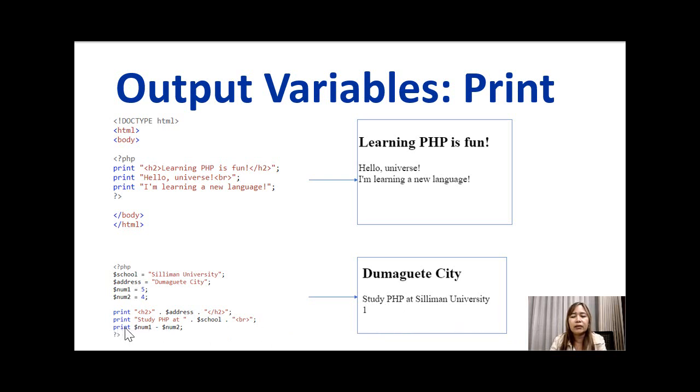You can also use print to display the result of a formula using the initial values of your variables. So there's basically no difference in using print or echo. At this point, try changing your code from echo to print, and make sure it works.